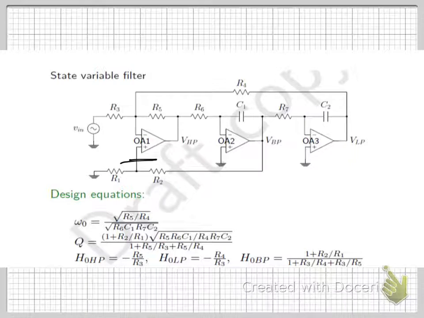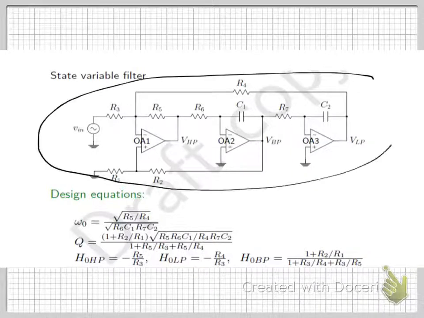So if you want to have more control over your amplifier, you are going to more likely use more amps, and one sort of configuration that uses more than one amplifier is your state variable filter. So your state variable filter is shown right here.